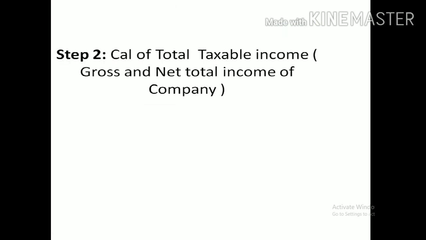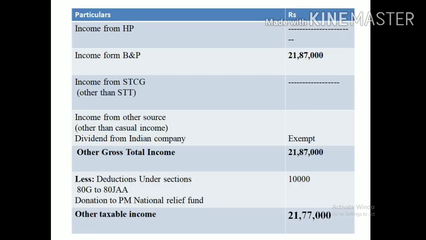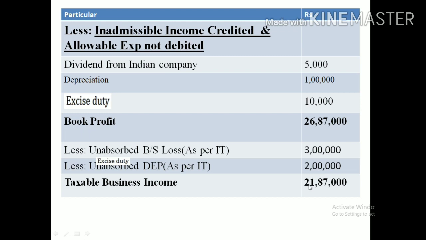Next step is calculation of taxable income, with the consideration of gross and net total income of the company. First take income from house property, there is no income. Then income from business and profession, 21 lakh 87,000 that we calculated here. Please observe 21 lakh 87,000.